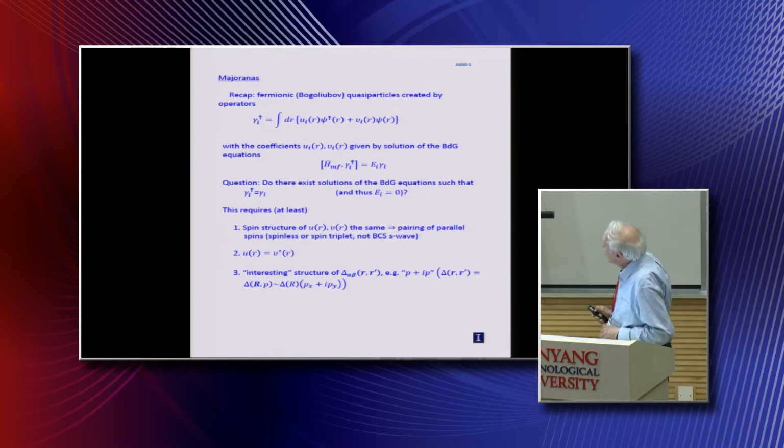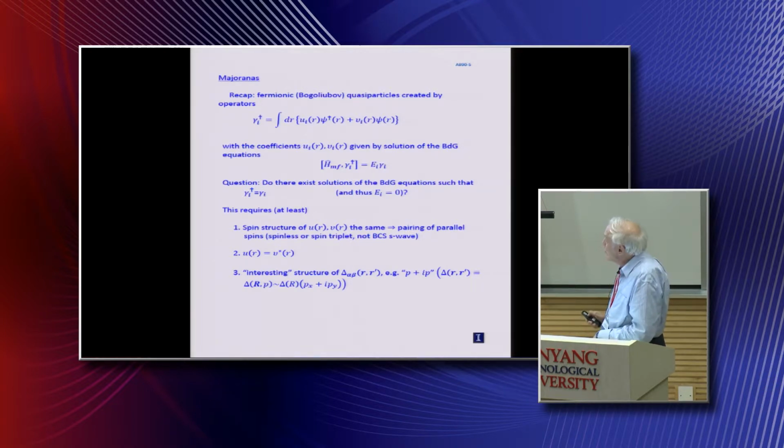Okay, so just to recap, in general, fermionic Bogoliubov quasiparticles are created by this kind of operator, a linear superposition of particle and hole, with the coefficients given by the solution of the BdG equation. So now the interesting question is, do there arise solutions of the Bogoliubov-de Gennes equations such that the creation operator is indeed its own Hermitian conjugate, and therefore the energy of such a particle is automatically zero?